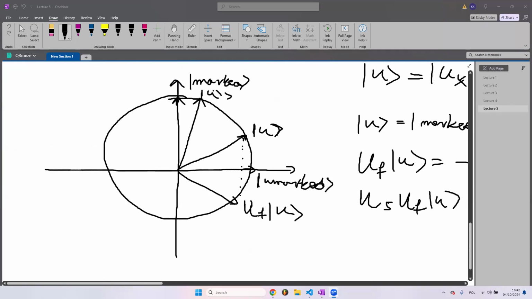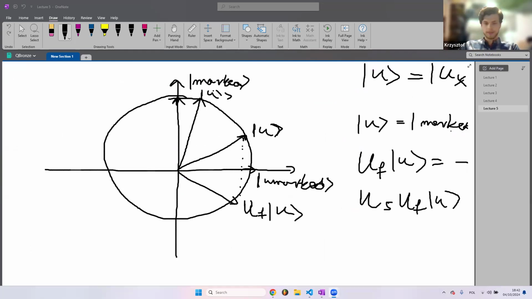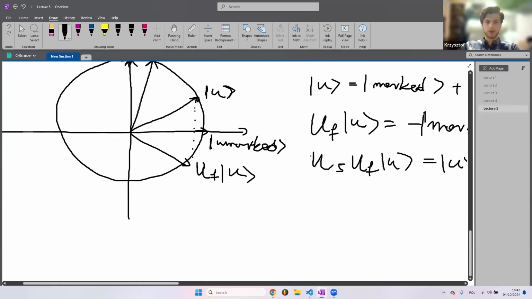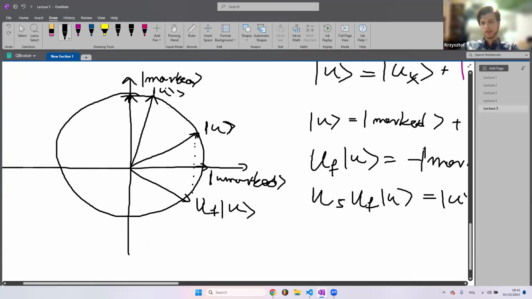Thank you. Okay, what does the UF operator do? The UF operator knows which elements are marked, and it applies a minus sign in front of those marked elements. When we talk about Grover's algorithm, I will try to formulate this problem a little bit differently, but here's the intuition.